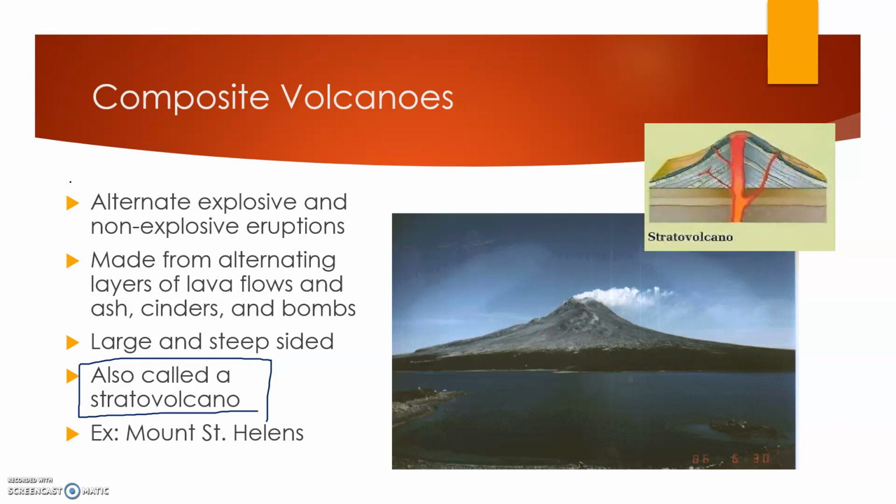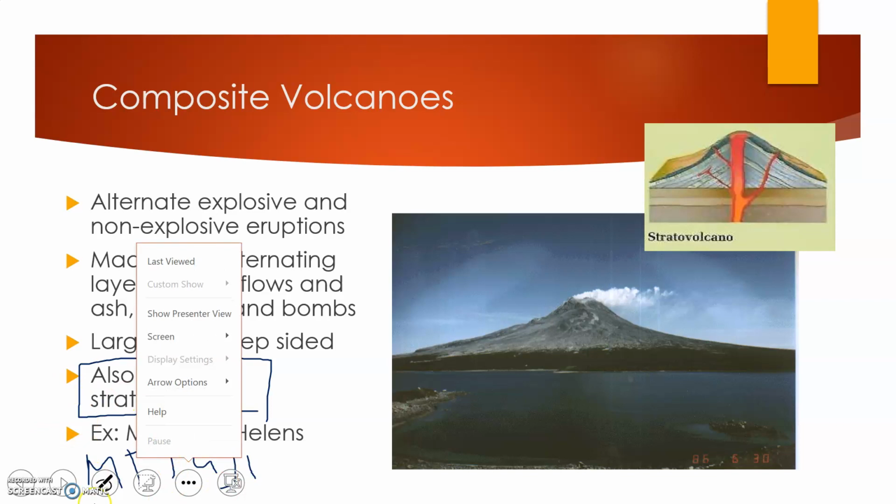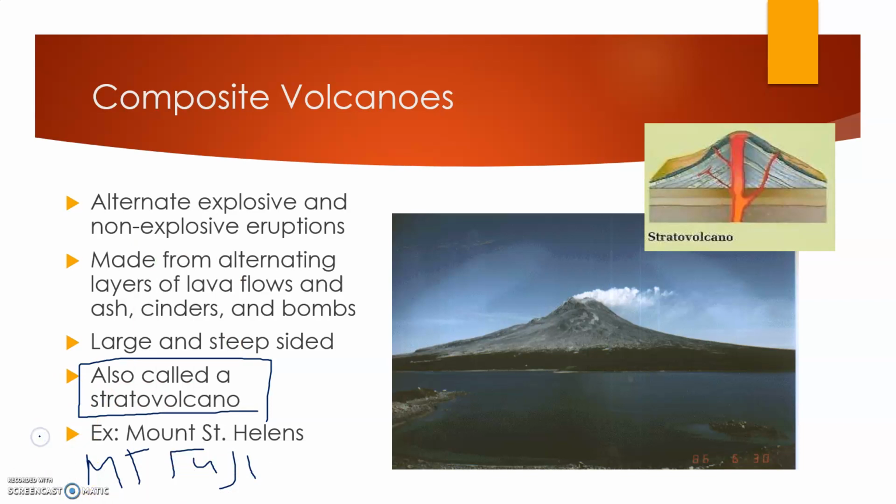It is very large. It is very steep-sided. It is also called a stratovolcano. And its great example is Mount St. Helens. Another good example is Mount Fuji, which is found in Japan. Mount St. Helens is in Washington State.